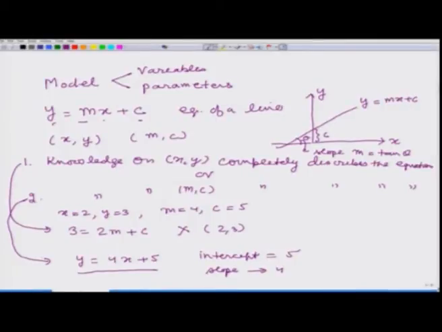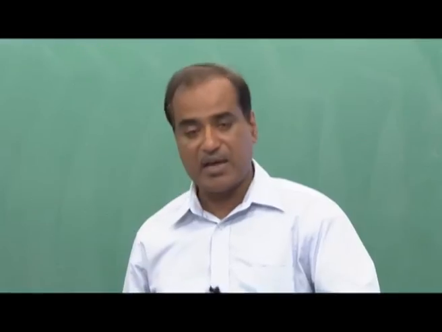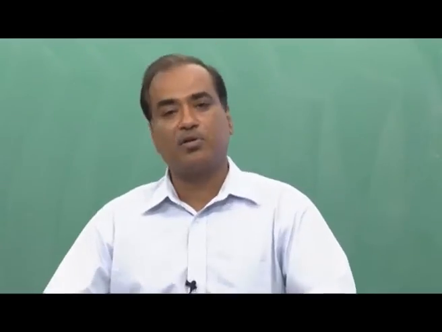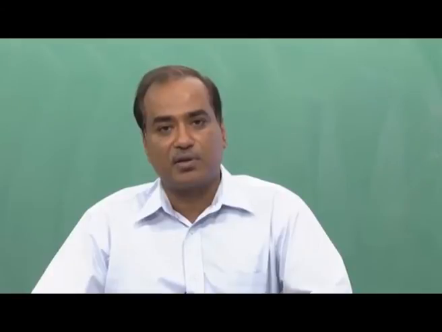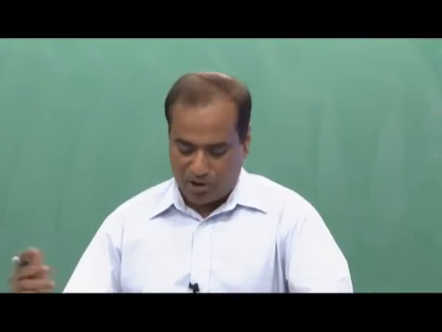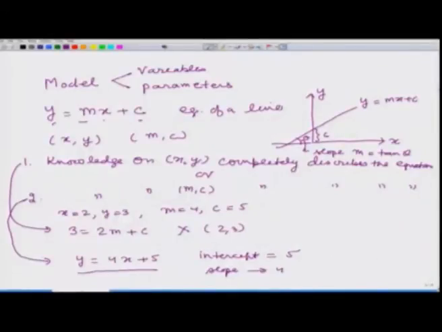So, once I know the value of m and c, I can always find, for a given value of x, what will be the value of y, or for a given value of y, what will be the value of x, and all information about this line is completely known to us. Broadly speaking, I have two sets of values here, x and y, and m and c.